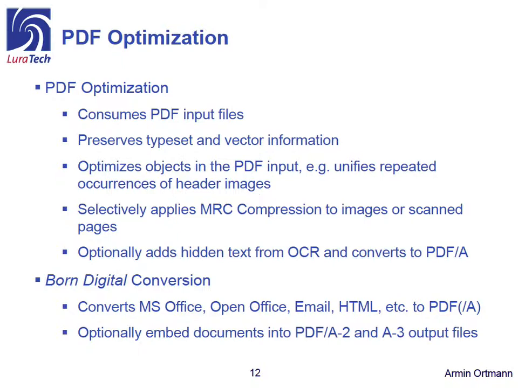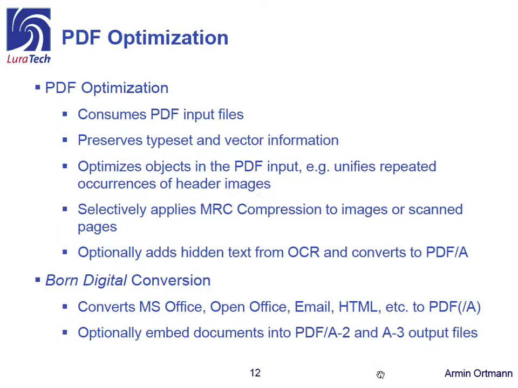For example, if you have an email with attachments, you can put everything into the same PDF output file. You could, of course, put them all into separate files within the same folder. You could create a PDF-A2 document with the email body as the main document and all the attachments as individually embedded PDF-A files. So there are a few things to do.